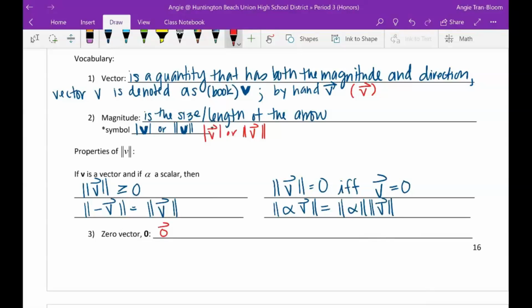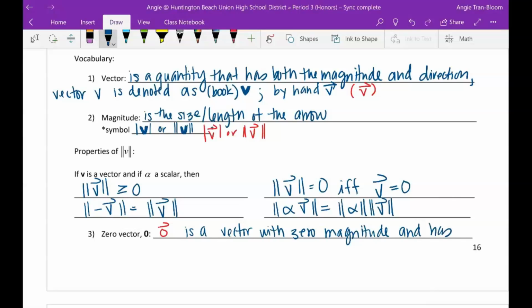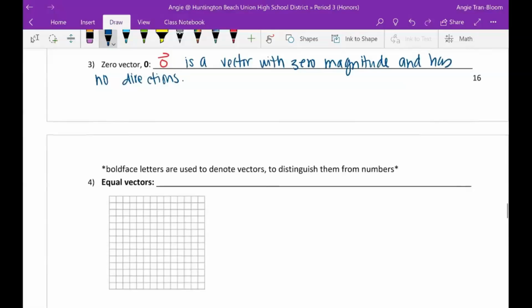So zero vector is a vector with 0 magnitude and it has no direction. Okay, then let's move on to the next page.